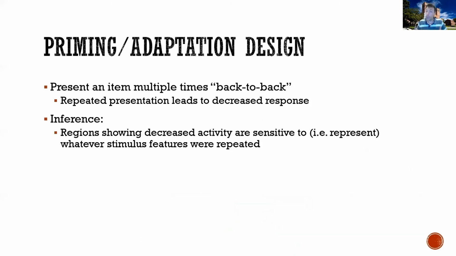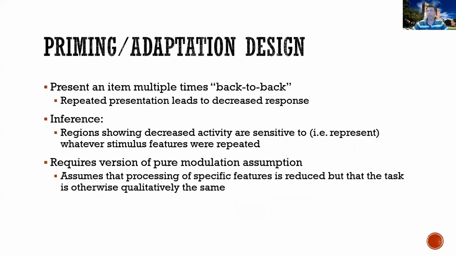Now, of course, here too, we're making some assumptions. In particular, this type of task requires a version of the pure modulation assumption. In fact, it almost requires the reverse of the pure modulation. It assumes that processing of whatever is the relevant feature is reduced the second time you're exposed to it, but overall, it's the same thing.